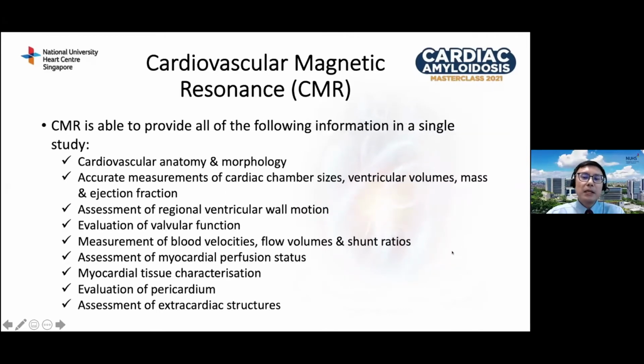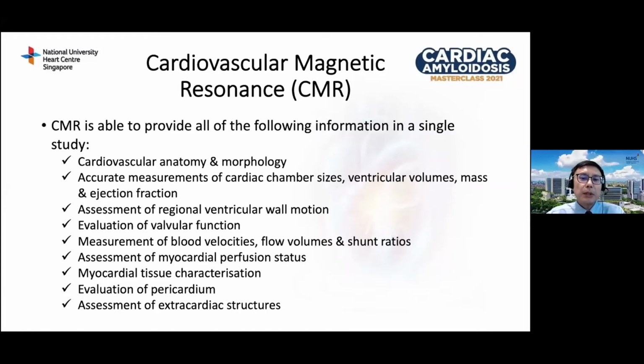CMR is able to provide information in a single study. All of this information relating to cardiovascular anatomy, physiology and morphology can be derived from a single cardiac MRI study.